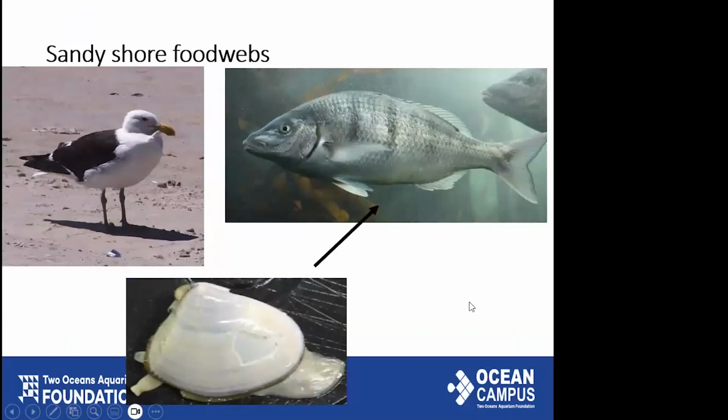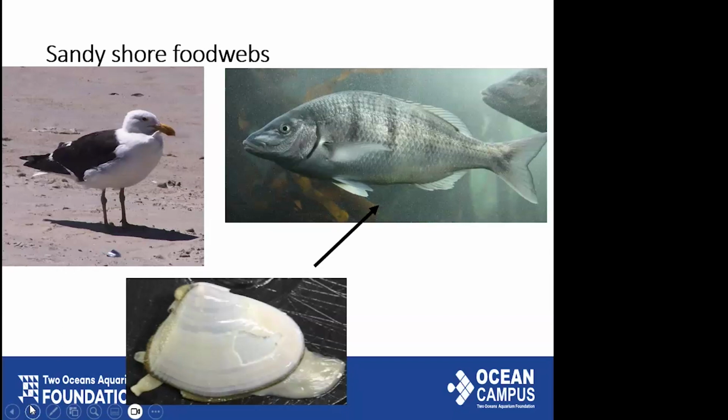Okay, so once again, the sandy shore food web here. So your mussels digging down into that area of the littoral zone. They are consumed by either white steenbras when it comes over that environment at high tide, or when it is a little bit more exposed, still underwater because they're never out of water entirely, you'll have gulls coming into that environment, diving in and pulling those mussels out.